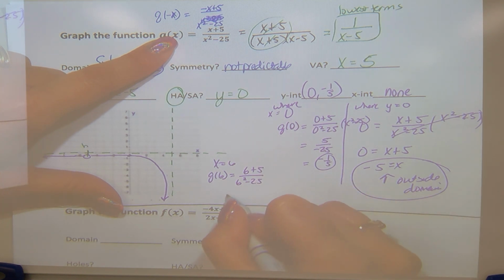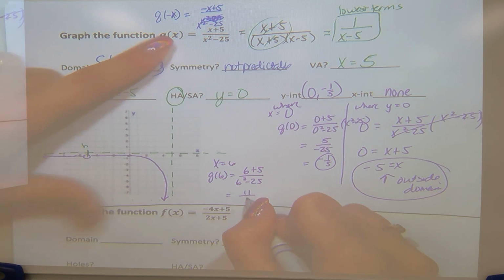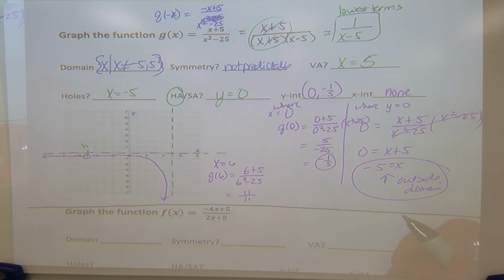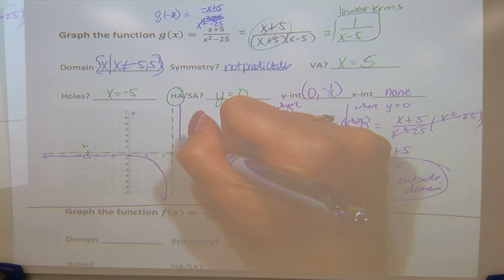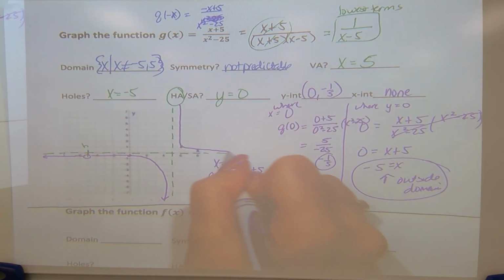Well, 6 plus 5 is 11. 6 squared is 36, minus 25 is 11. That's just 1. So that gives me the point (6, 1) on my graph, where x is 6, y is 1. Look at that. That's exactly where I thought this piece of my function would be.